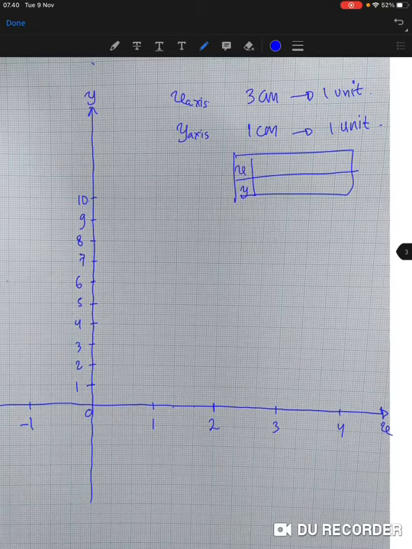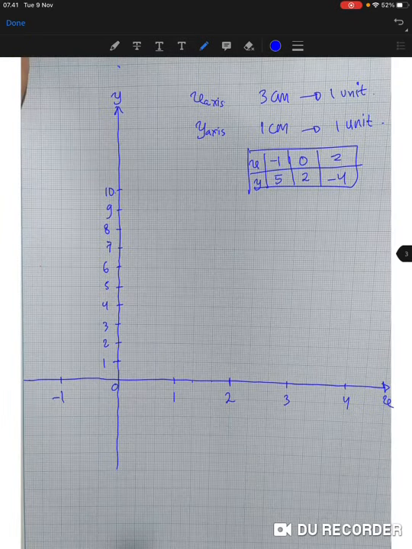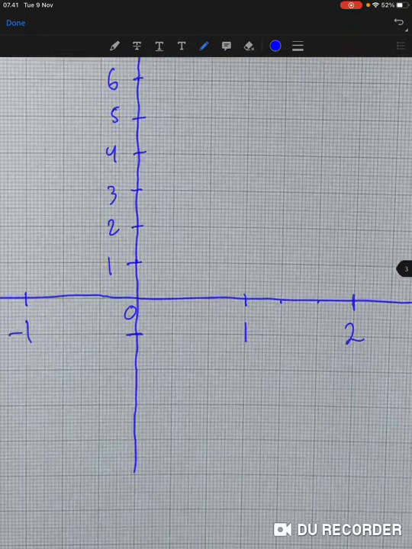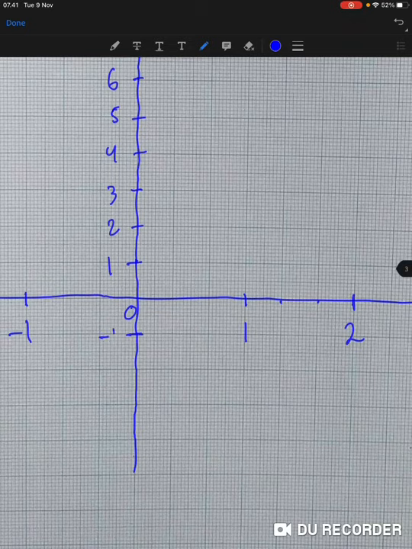When your x is -1, your y is 5. When your x is 0, your y is 2. When your x is 2, your y is -4. Look at this, guys. We have -4 in your y. It means you have to make -4 here, on the negative side in your y-axis. -1, -2, -3, and -4.